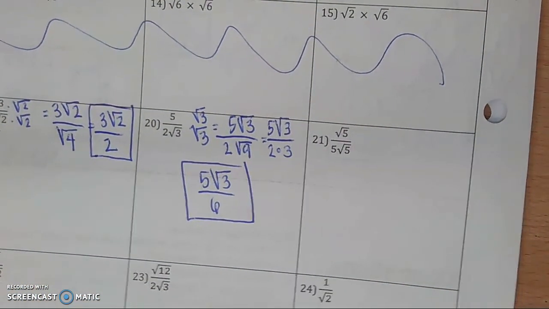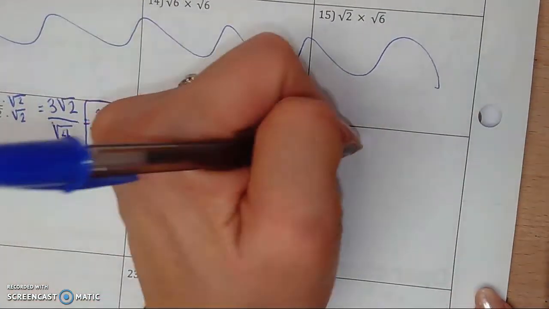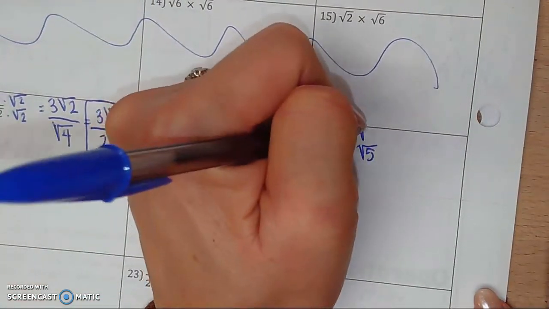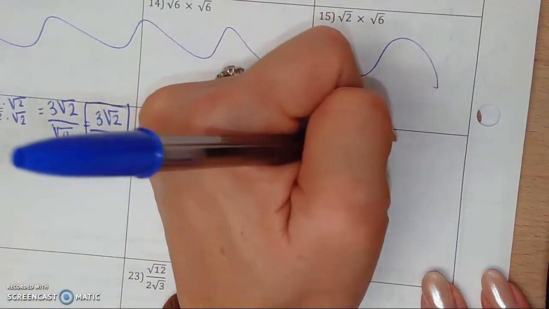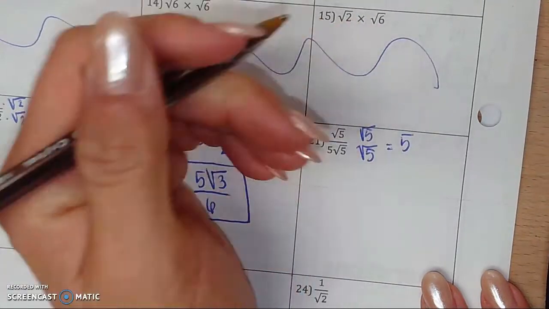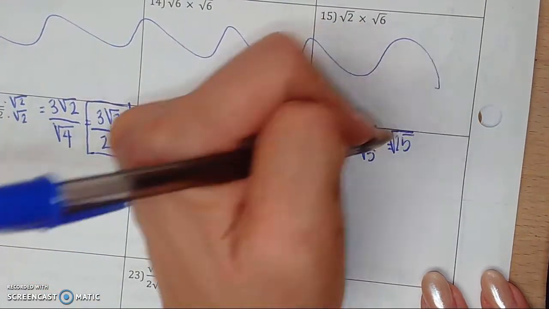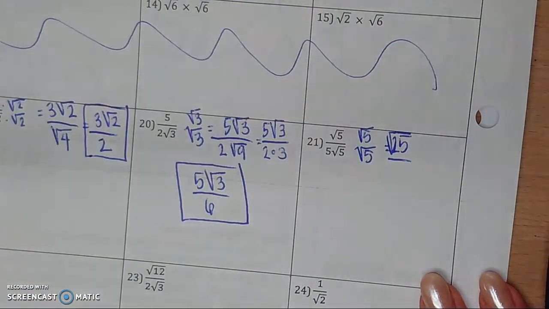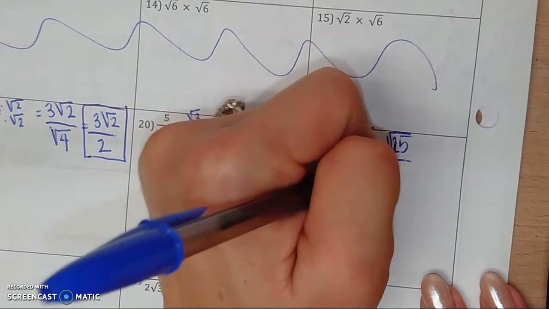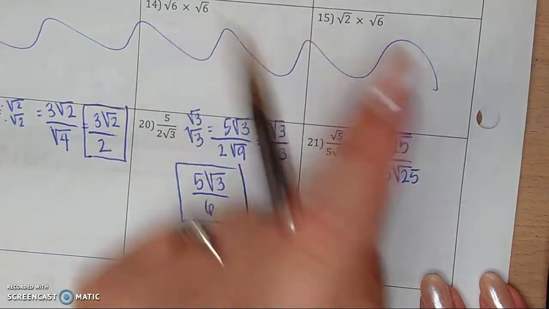Okay, let's try this one. Rad 5. So we've got to clear that radical. Remember, rad 5 times rad 5 is simply 5. But if you don't believe me, we'll just write it as rad 25. That's a 2. And then 5 times rad 25.